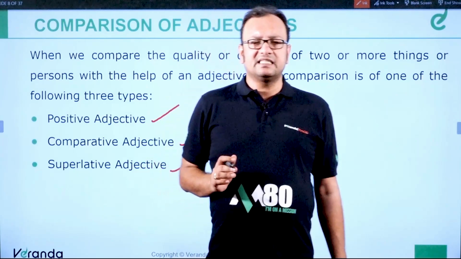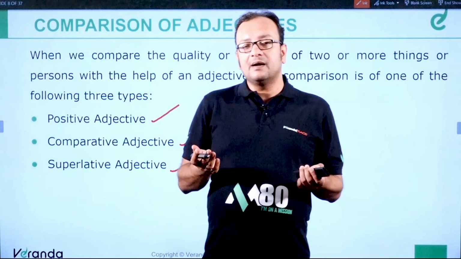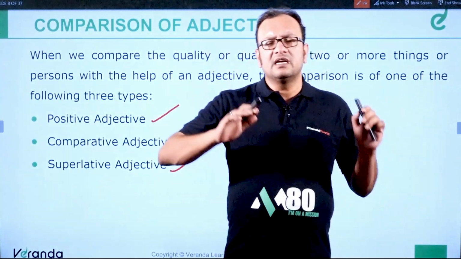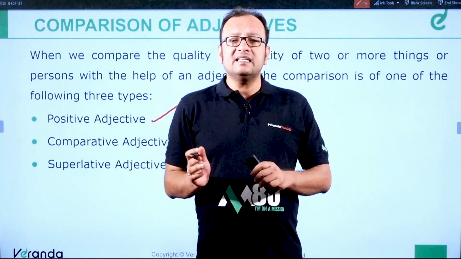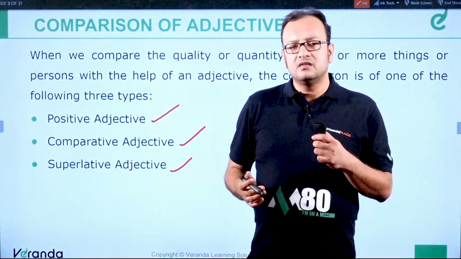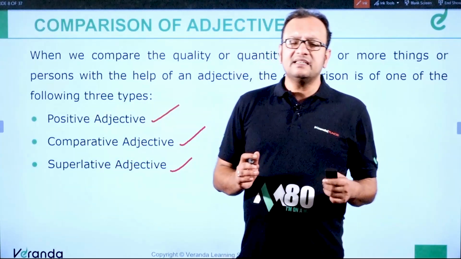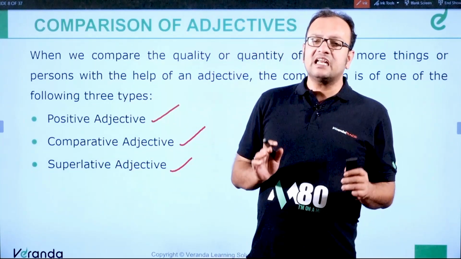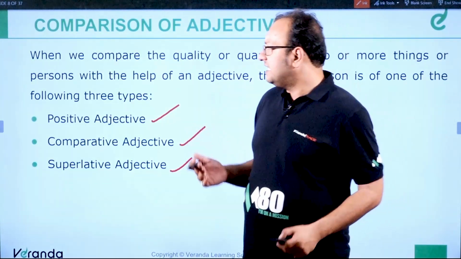In the positive degree, we do not describe it in a comparative way. When we say this person is good, we are not comparing him with anyone else. But when we say he is better than John, obviously he has certain qualities which are more prominent than John has. Then we say this man is the best of all. That is the superlative degree. So comparison can be in three ways: positive, comparative and superlative. Moving ahead.